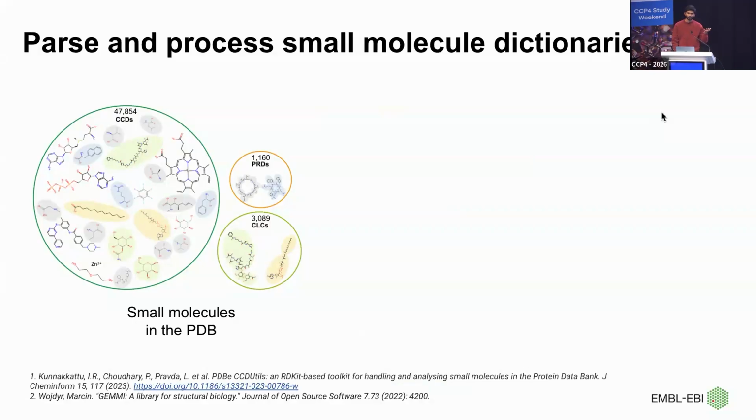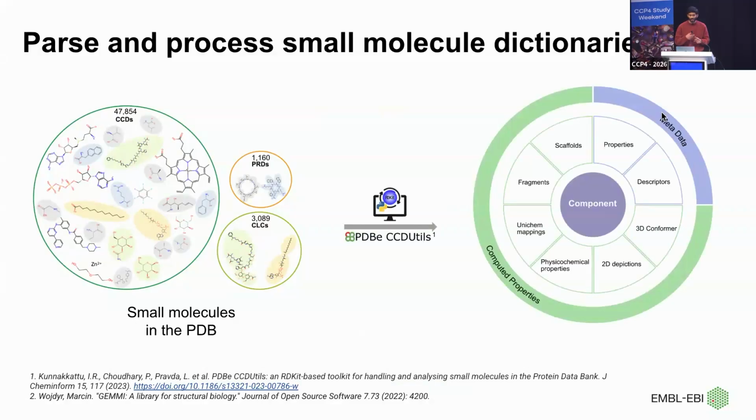They are all represented using the mmCIF file, but this is not a common format. If you talk to a cheminformatician, it's not a common format that they use. One of the tools mainly used to analyze these structures nowadays is RDKit. So what we did is develop a wrapper around two tools. One is Gemmi, which is sponsored by CCP4 and Global Phasing. It's a good tool to parse CIF files. So you can parse the data in CIF and create small objects which can be processed using RDKit.